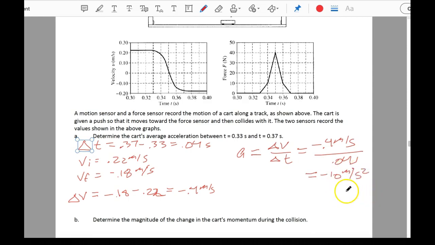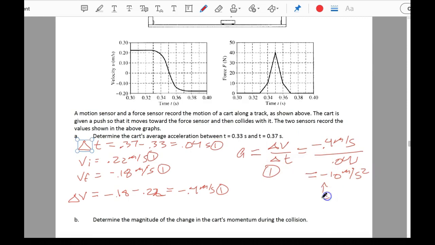Interesting, isn't it? So that is all of your work. Where do all your points come from? So you get 1 point for doing the subtraction. You get 1 point for picking the right number in the range here. You also get a point for finding delta V. You get a point for doing all this math, and then you get a point for the negative sign.